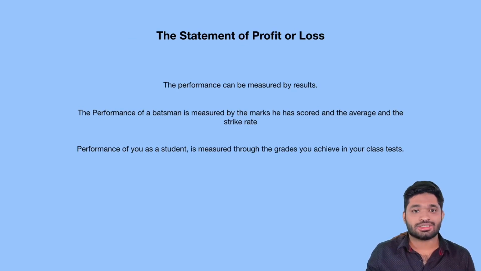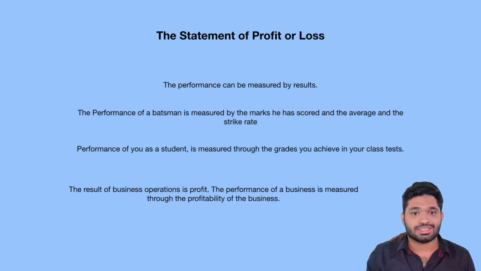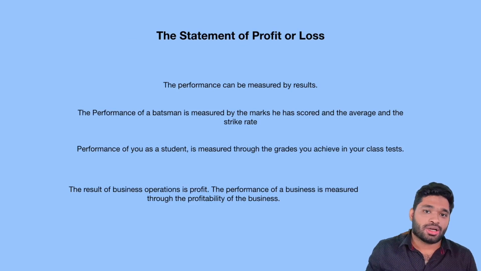For a business, what is the result? The business's result is profits. So the profit that the business is generating will decide if the organization is a performing organization or a non-performing organization. Clear?